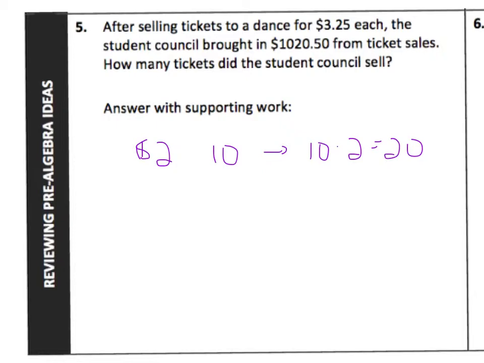So again, if we look at our model problem, this was number of tickets. This guy right here represented the cost, and that was multiplied, and that equaled money. So if I look at the problem I was given, I'm given some weird pieces. I'm given the price, which was $3.25, so I can put that in for the cost.